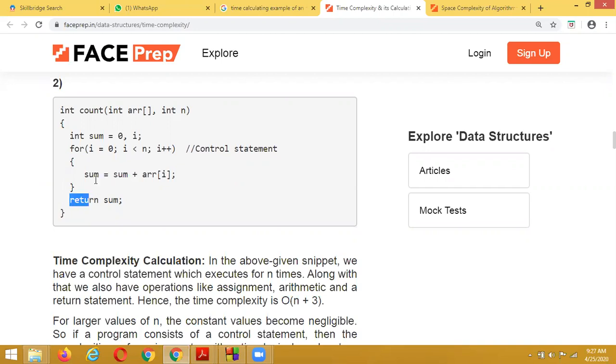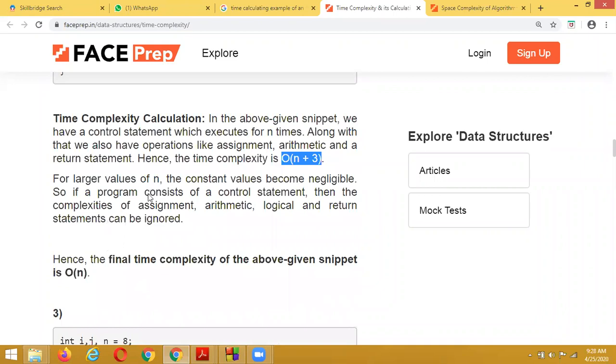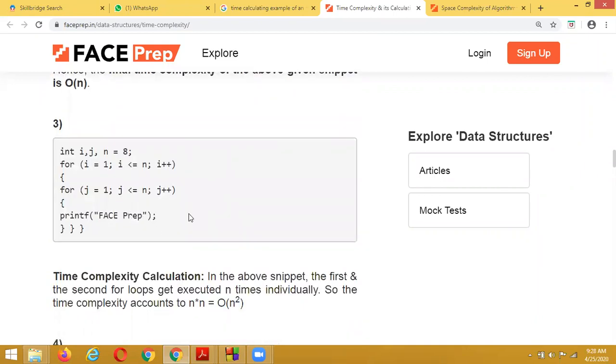So 3 operators are involved, and we indicate the time complexity here as O of n plus 3. And when we are going to indicate something as what?